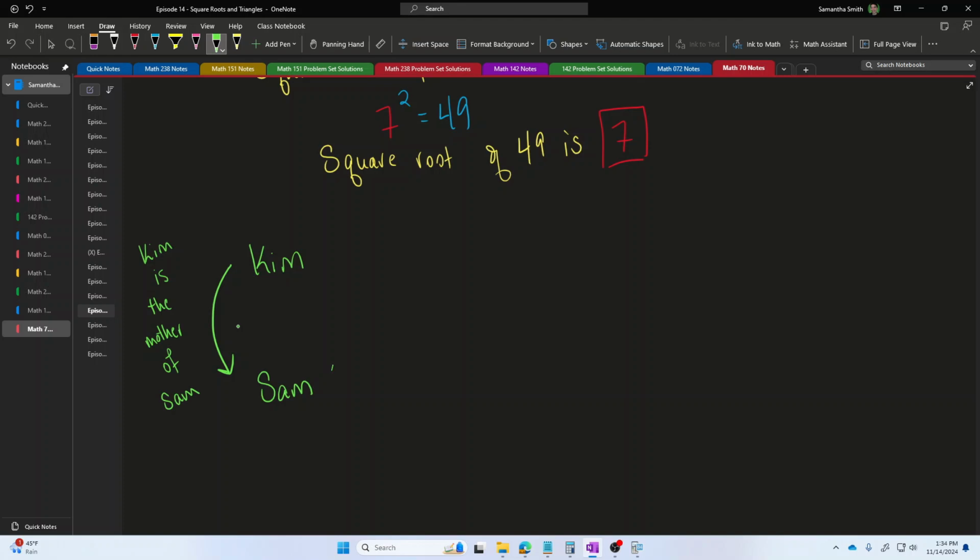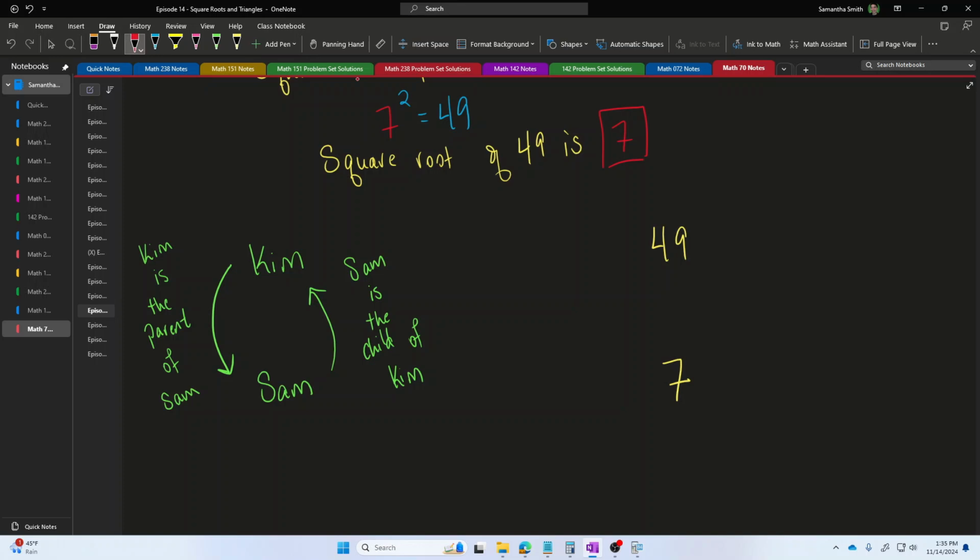And I could also say something like, Sam is the child of Kim. So there's a sort of parent-child relationship here, right? If I'm saying that Kim is my parent, it would be the same as saying that I am her child. And it's the same kind of thing happening here between the square and the square root.